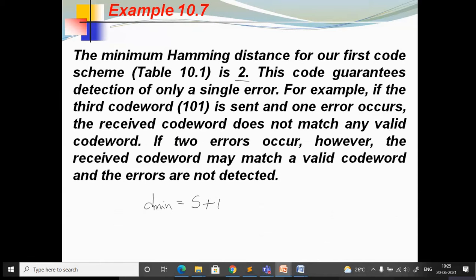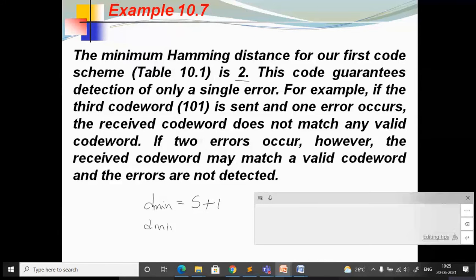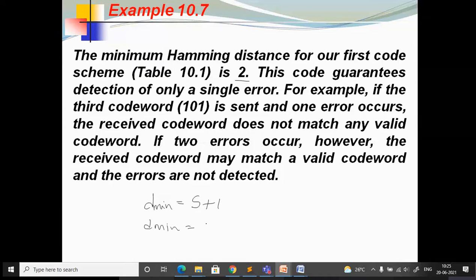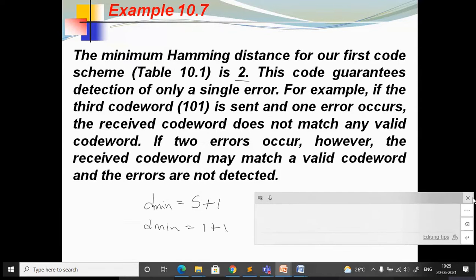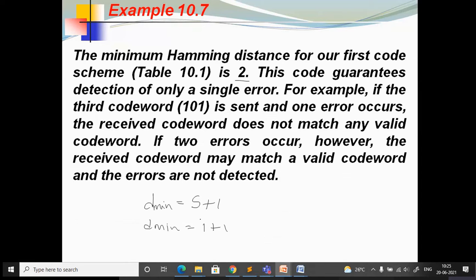According to table 1, I got d min is equal to 2, which I write as 1 plus 1. So it can detect only one error if the distance is 2.